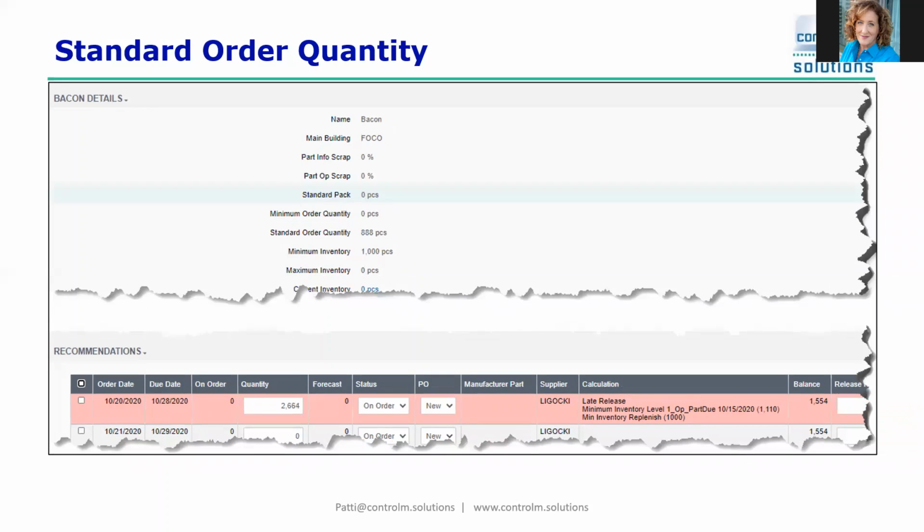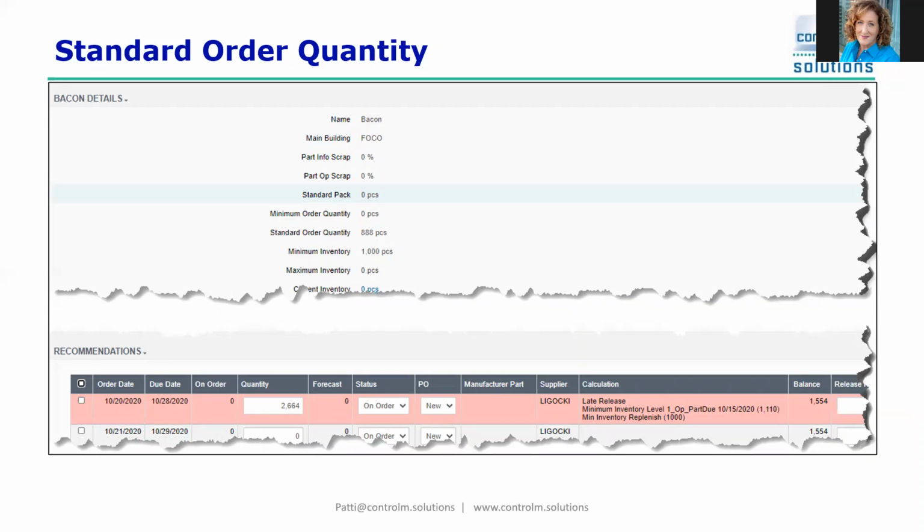Now, let's remove that min order quantity and change our standard order quantity to 888. And it leads us to a value of 2,664. Why is it doing that? Well, remember we need 1,000 for minimum inventory and 1,110 to fulfill the finished goods min inventory. That's 2,210.